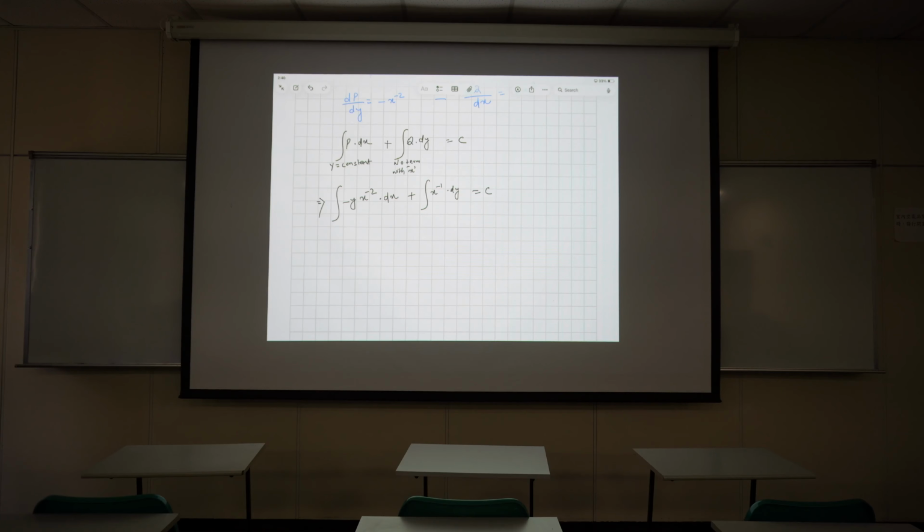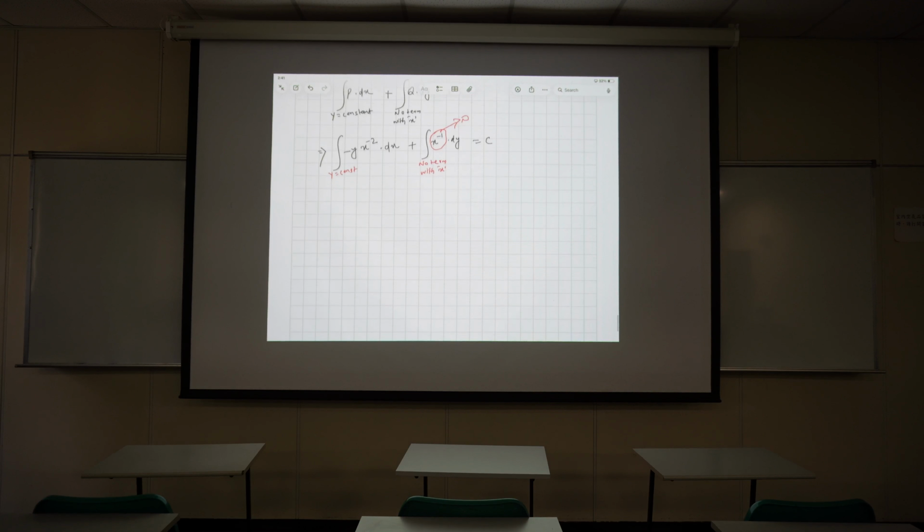So in this, y is constant, and here no term with x. That means this one will become 0.